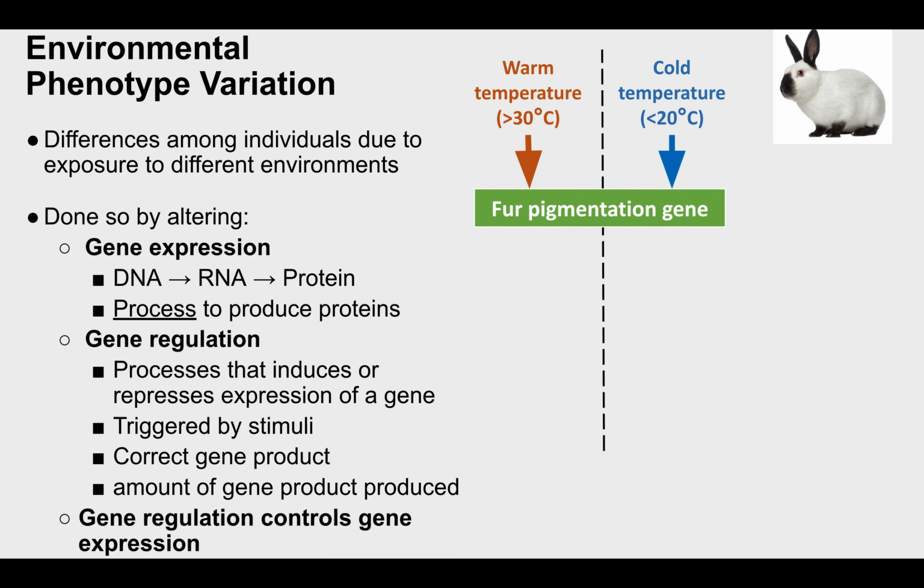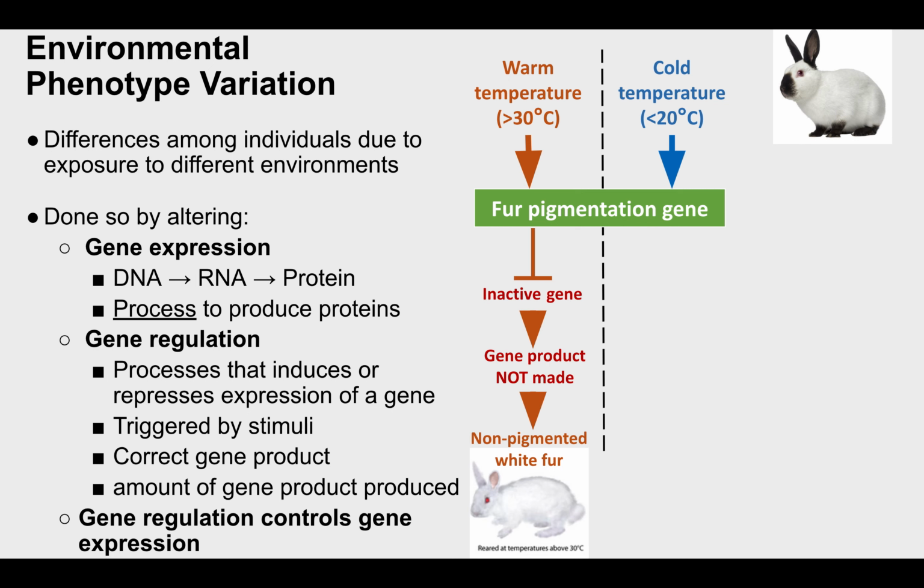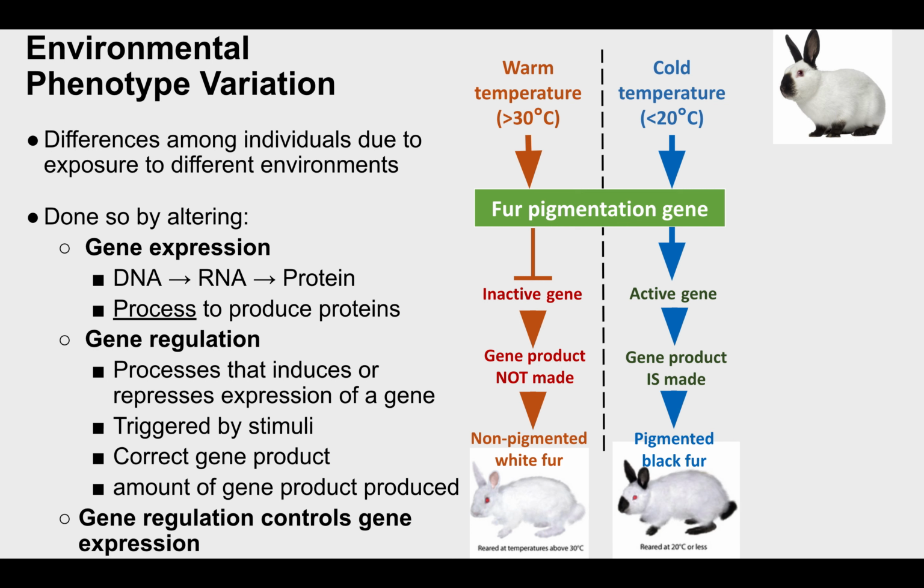If they are reared in this warm temperature, above 30 degrees Celsius, that actually inactivates the pigment gene, so that gene product is not being made, and it leads to rabbits that have this non-pigmented white fur. The opposite could be true for those reared in colder temperatures, less than 20 degrees. That gene is activated, the gene product is made, and we get some pigmentation on the fur.